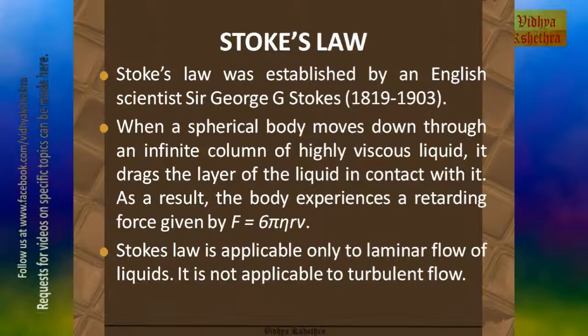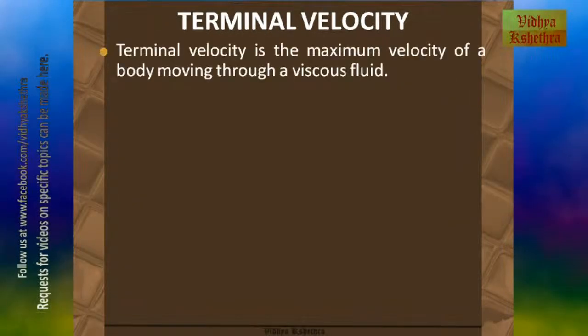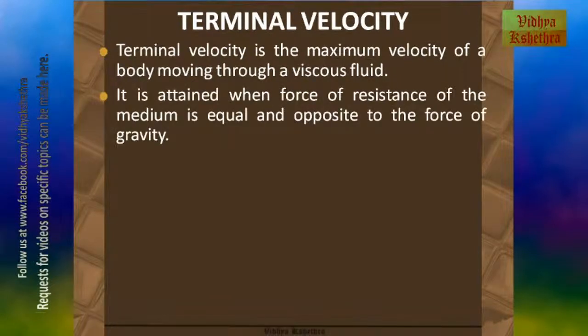Stokes' law is applicable only to laminar flow of liquids. It is not applicable to turbulent flow. Now, terminal velocity. Terminal velocity is the maximum velocity of a body flowing through a viscous fluid. It is attained when the force of resistance of the medium is equal and opposite to the force of gravity.